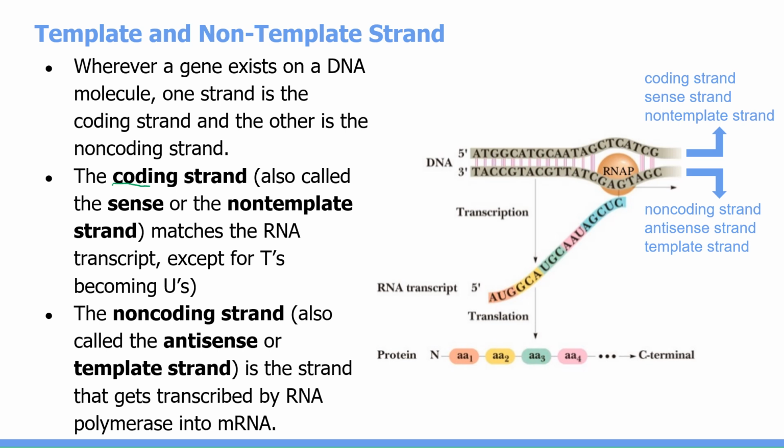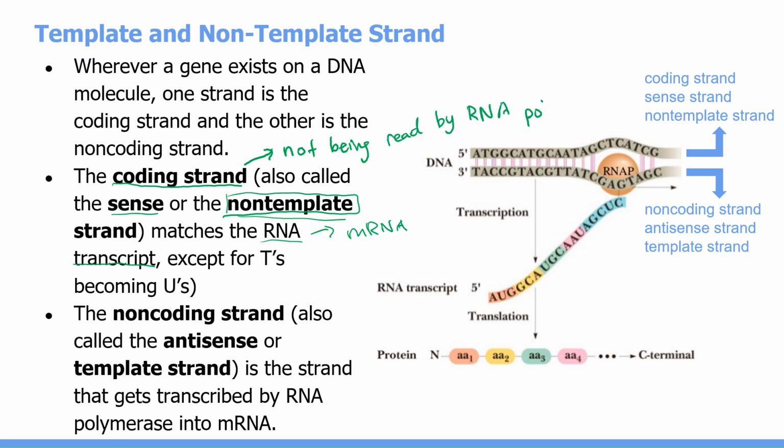So the coding strand, also called the sense or non-template, the non-template should be the indicator here, matches the RNA transcript, meaning matches the mRNA being coded. So the coding strand is not being read by RNA polymerase.